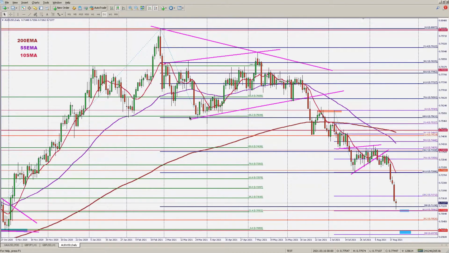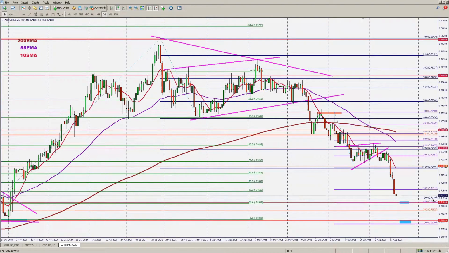Now the head and shoulders target, bearish chart pattern, the target is going to be also 200%, 200 fib. So it's a double of this height, and that brings us down to here, right at the 200 fib extension. That's at the 71.19.